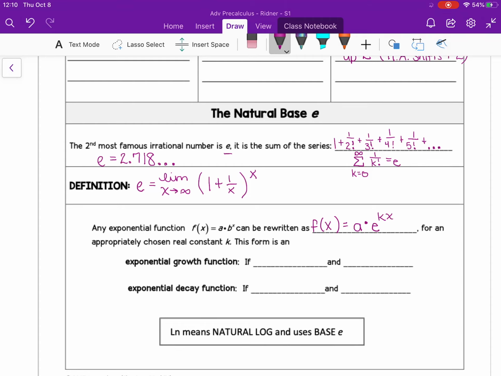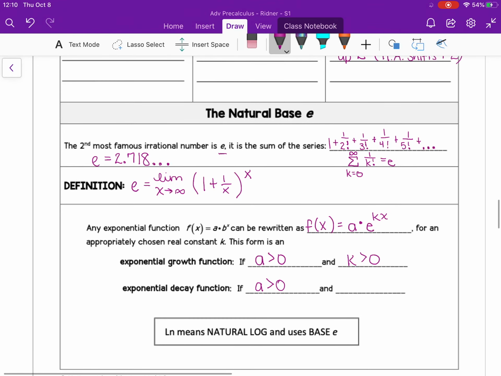Okay, so I could have something like 3 times e to the 4x. Okay, that's just an example. If a is greater than 0 and k is greater than 0, it is an exponential growth. If a is greater than 0 and k is less than 0, it is an exponential decay.